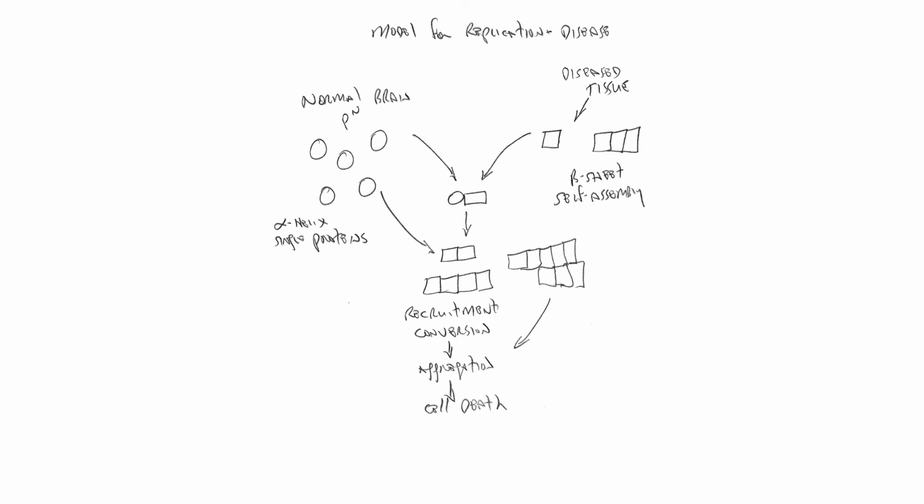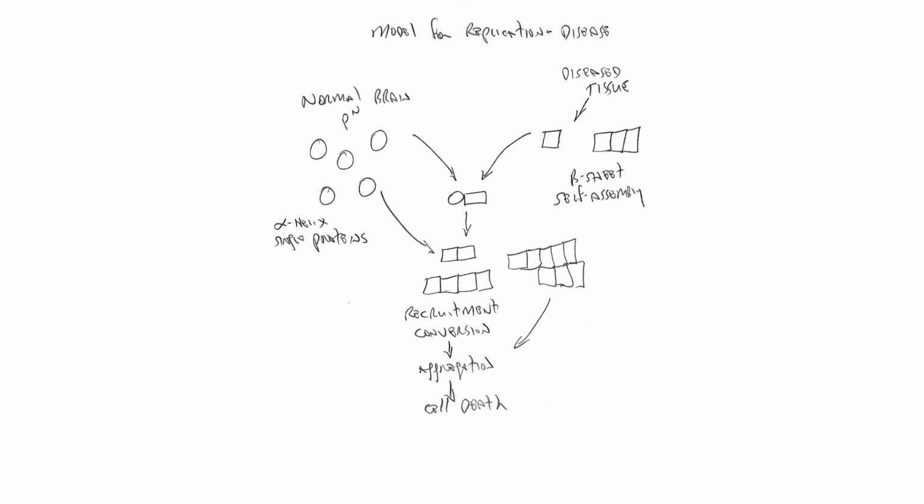So what's happening is they're not replicating. It looks like they're replicating because you get more and more of the defective prions, but they're not replicating. What's happening is that our normal brain cells are providing the substrate in order for the recruitment to occur.